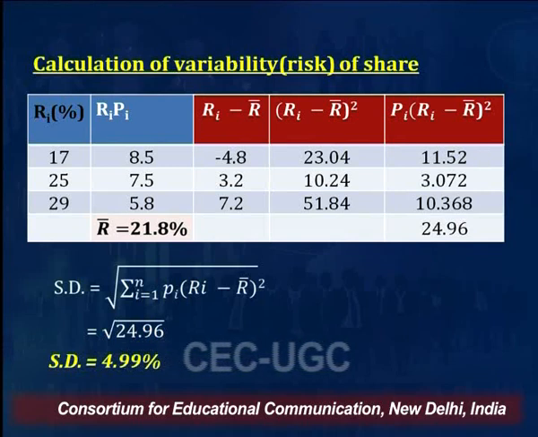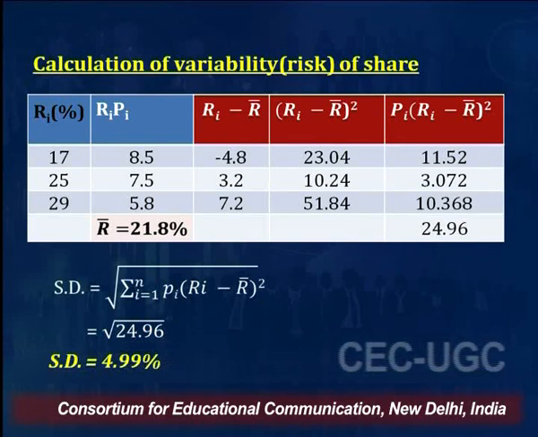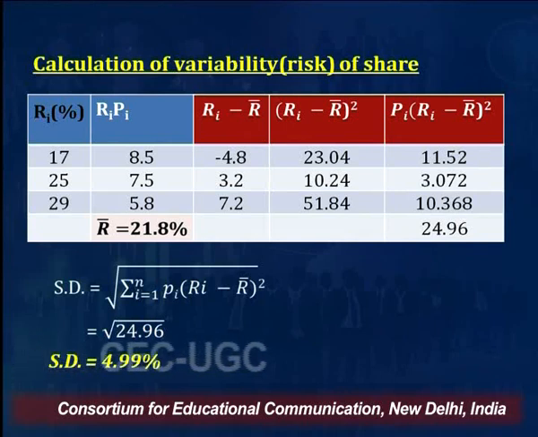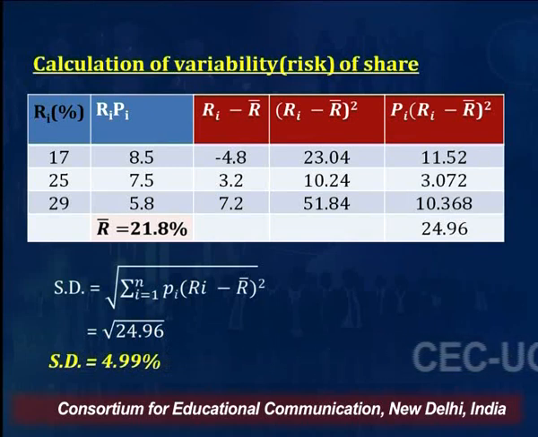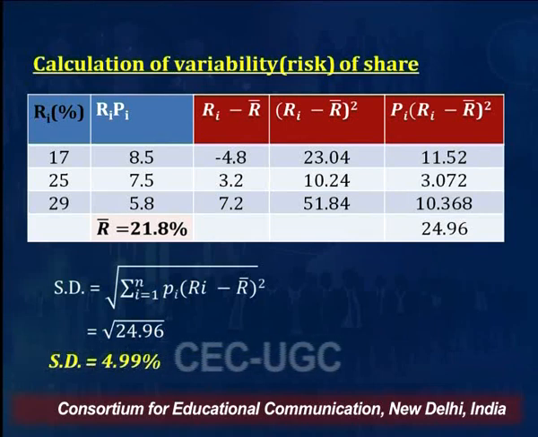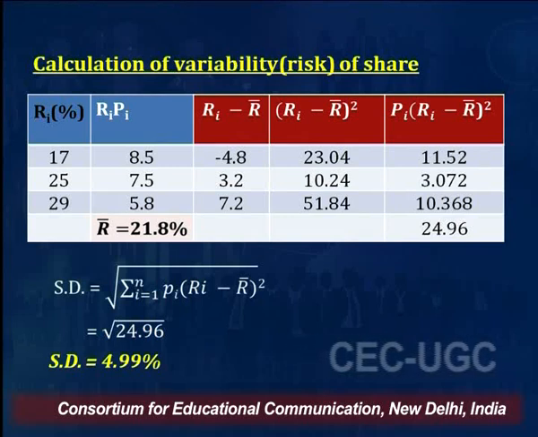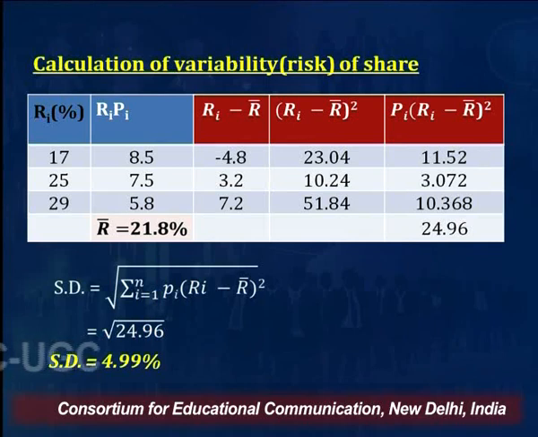That comes to be 3.072, 10.368, and make summation of it, that comes to be 24.96. That is, simply we have applied the formula of standard deviation, which is square root of summation of i equal to 1 to n. N means, in our case there are 3 observations, right. So all these 3, from first to third observation, we will make the summation of it.